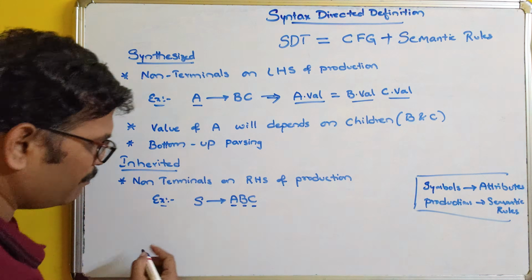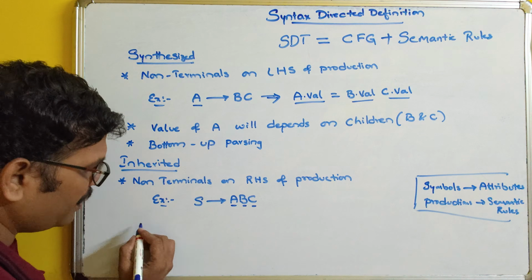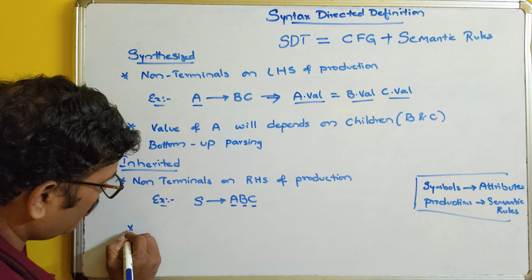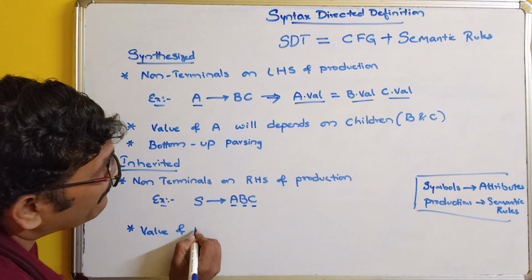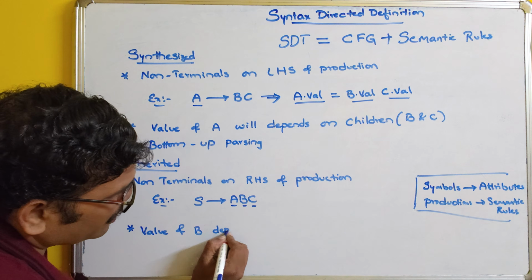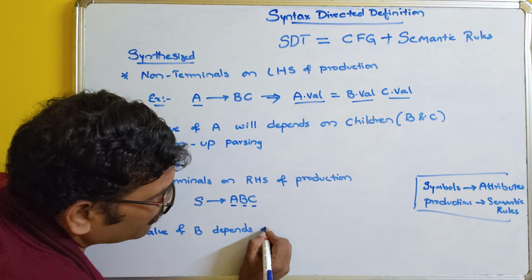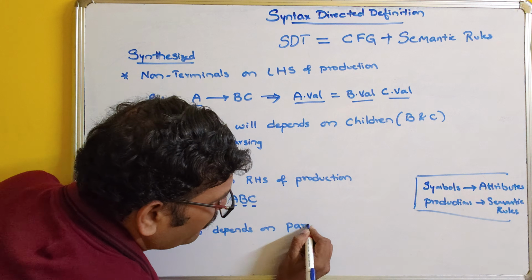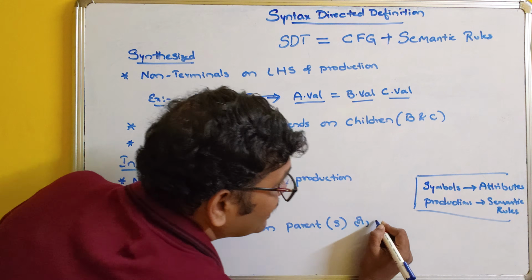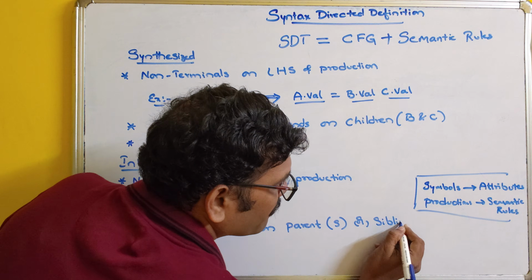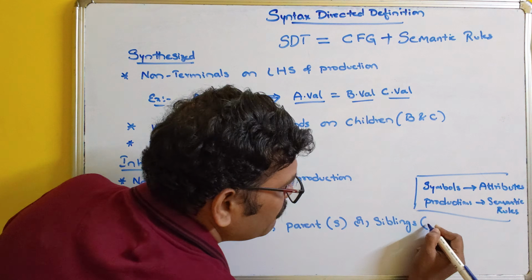For example, consider B. The value of B depends on the parent, or the siblings. Who are the siblings here?